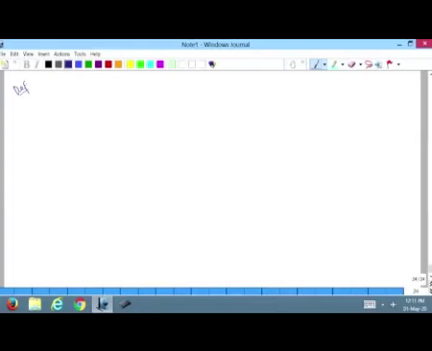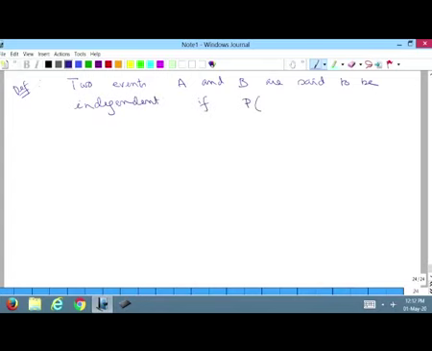Another important definition: two events A and B are said to be independent if probability of A intersection B is equal to probability of A times probability of B.